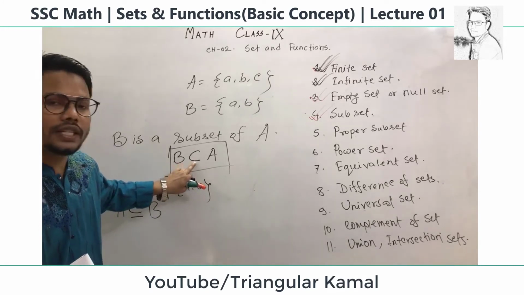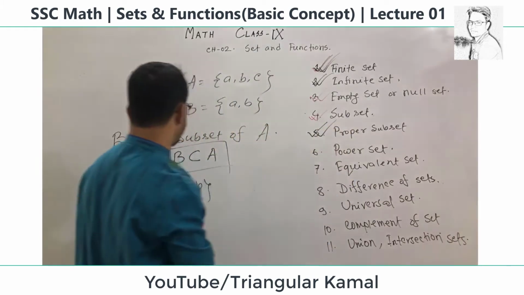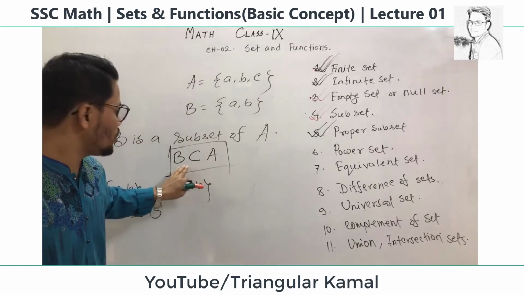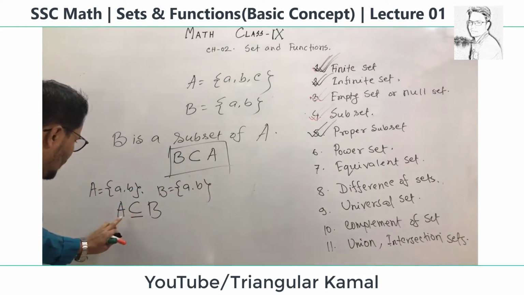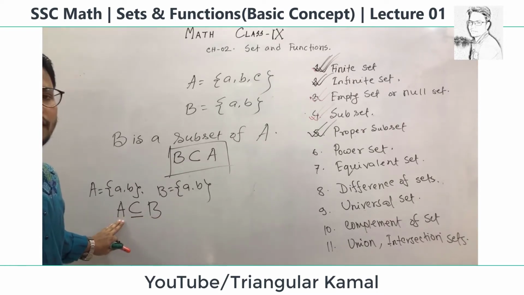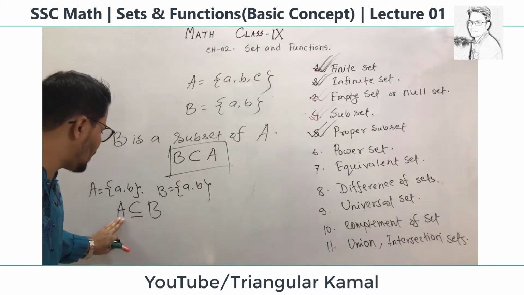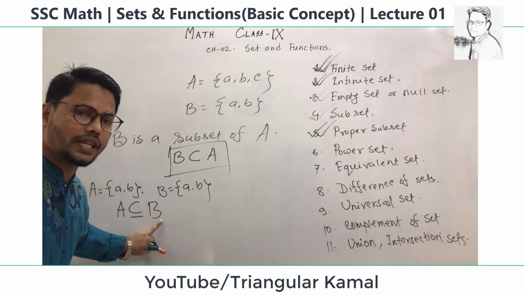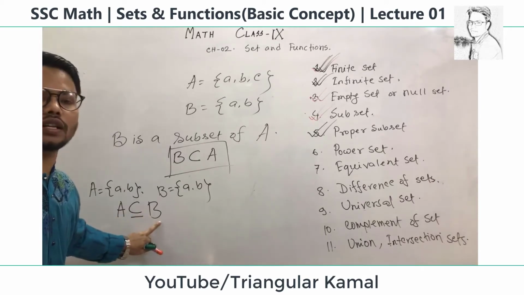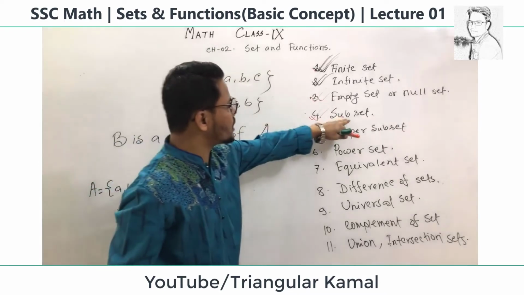This symbol indicates the proper subset. That means B is smaller than A, not equal. Here A is equal to B or smaller than B. Each and every element of A is an element of B, and also both may be equal. In case of equal, this one is called only the subset.